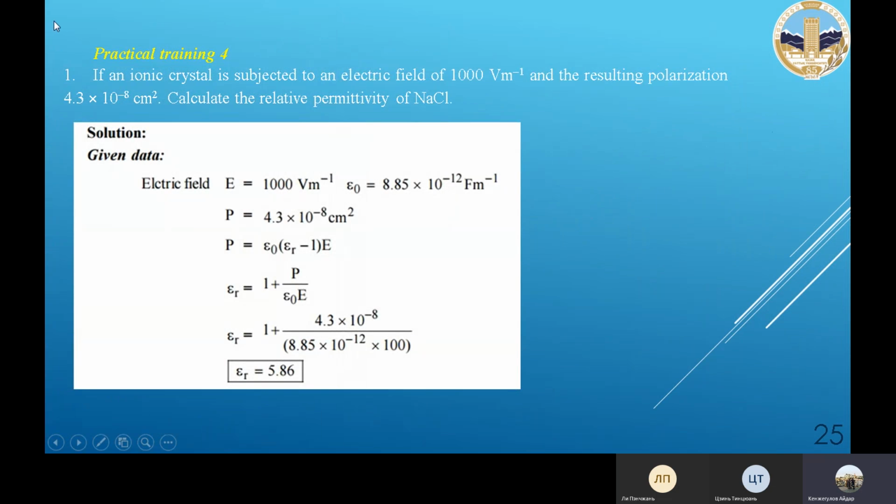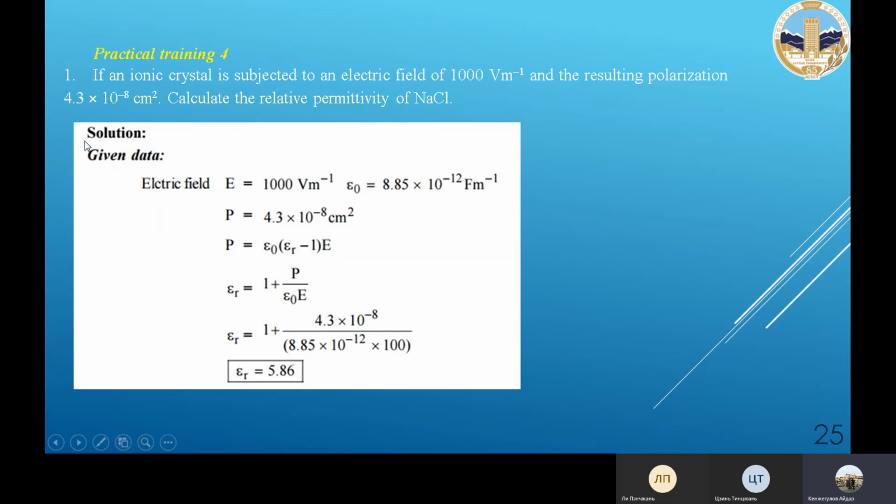Practical training 4, one exercise. If an ionic crystal is subjected to an electric field of 1000 and the resulting polarization is 1.3 per square centimeter, calculate the relative permittivity of sodium chloride.